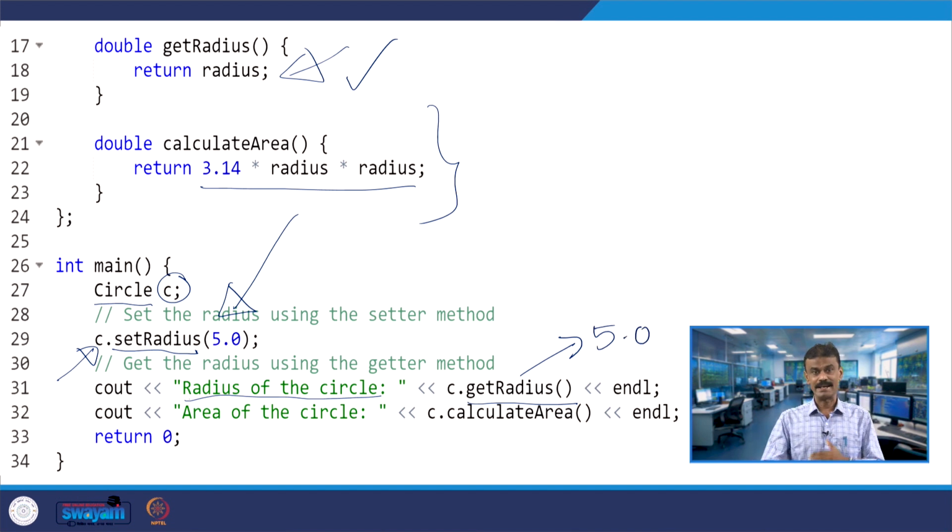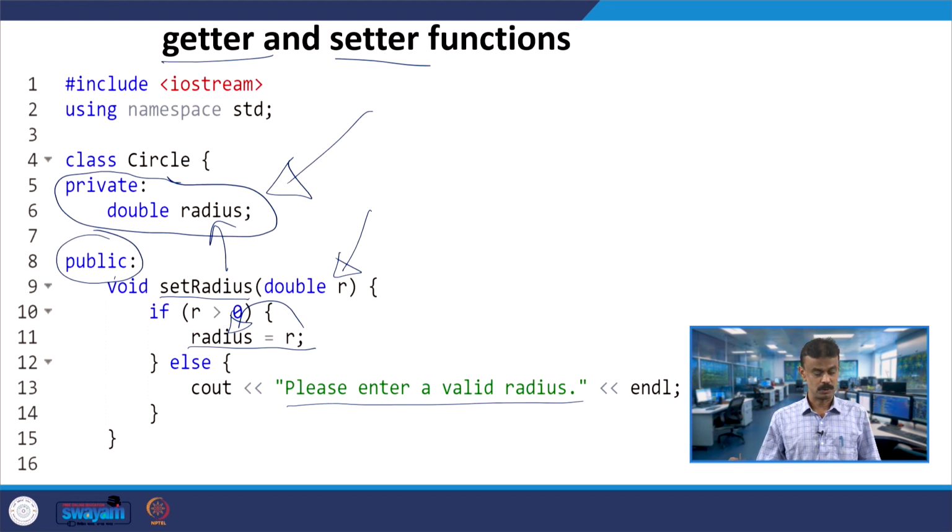So from outside, this is the way. You have several public member functions, getRadius and setRadius. All are public member functions, and because they are inside the class, they can access your radius. So you are hiding this, and that is called data hiding.